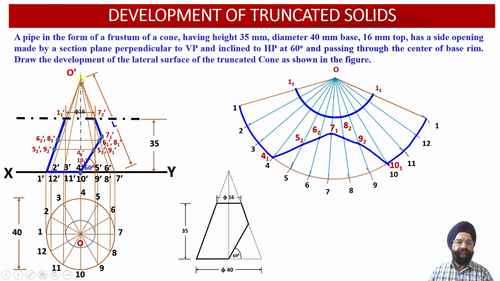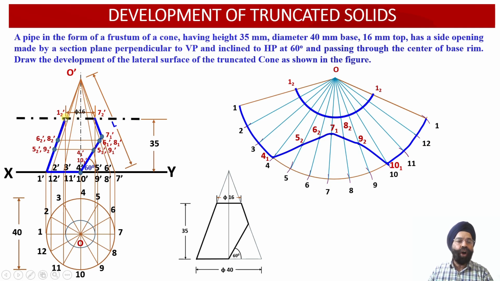So now we can check this radius O-12 dash, it is the true length radius. O-72 dash, it is also the true length radius. Now corresponding to the remainder 10 points, so 10 apparent length radii we will be generating over here.